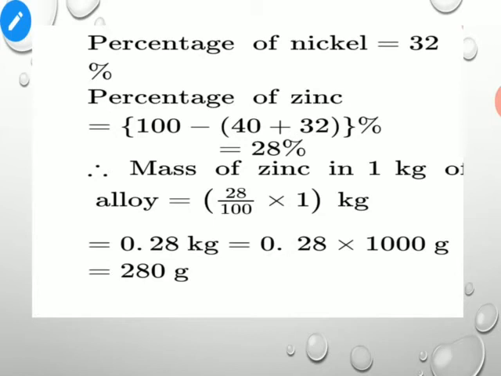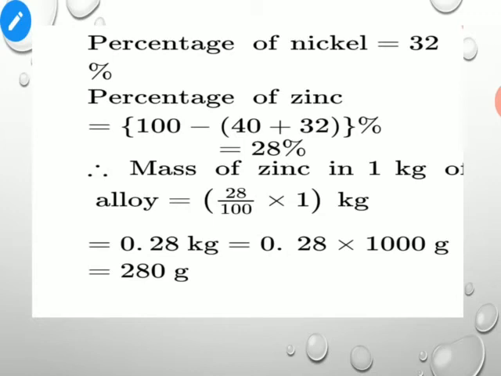So the percentage of zinc will be how much? We'll add the percentage of copper and nickel and then subtract from 100. So it will give you 28% of zinc. Now the mass of zinc in 1 kg of alloy: 28% of 1 kg.